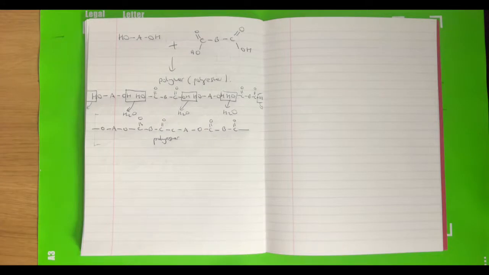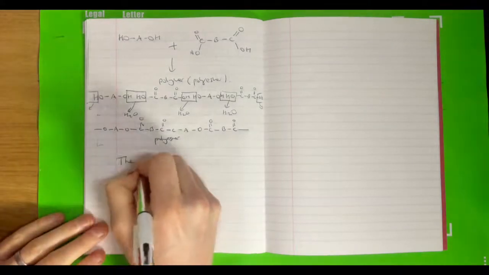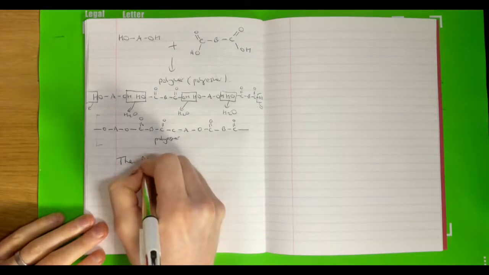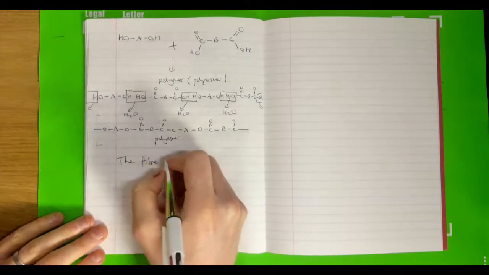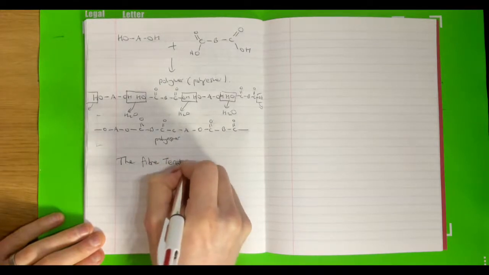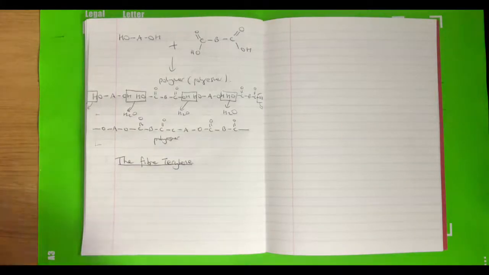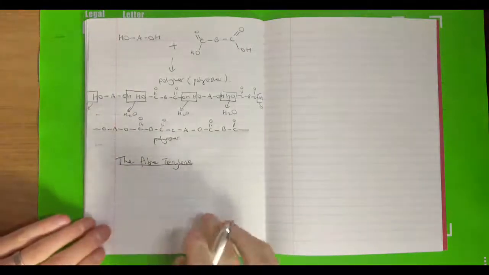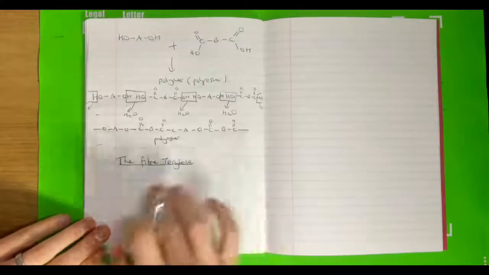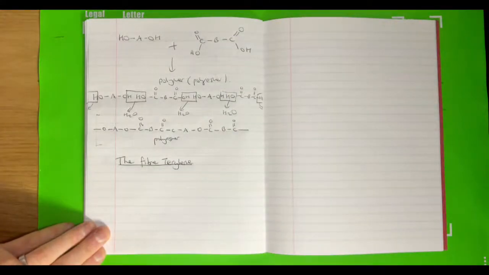You might have come across this before. So this is the fibre terylene, okay? So I'm going to draw the general equation here in words, and then I want to use this page here to draw the structure of what terylene looks like.